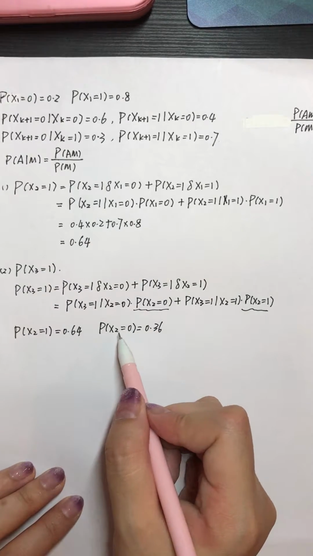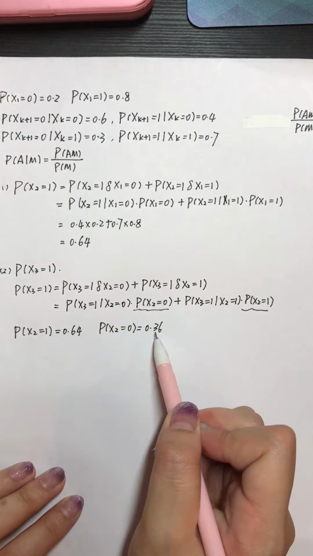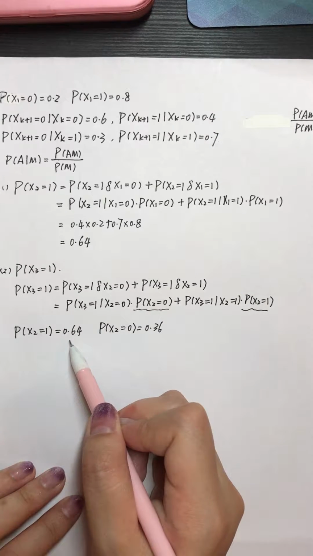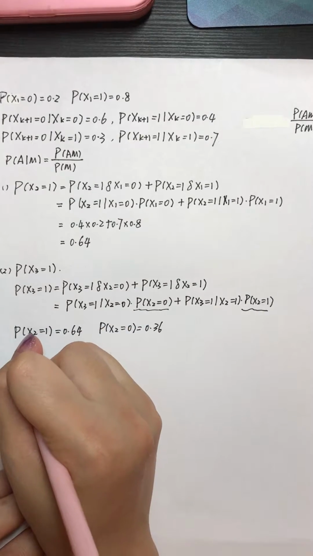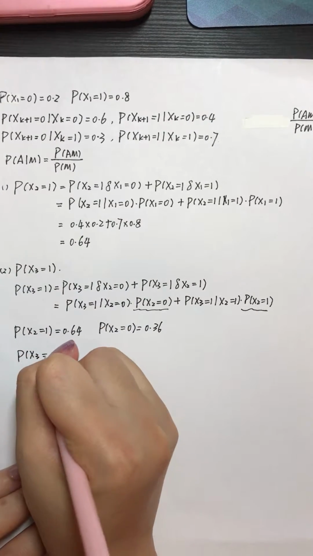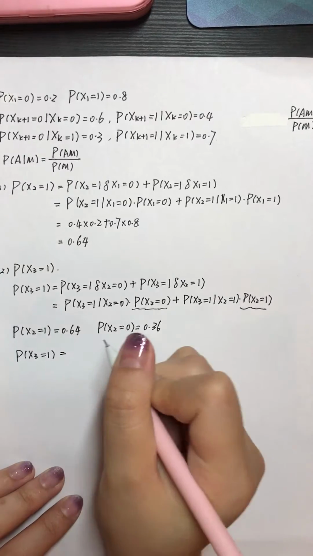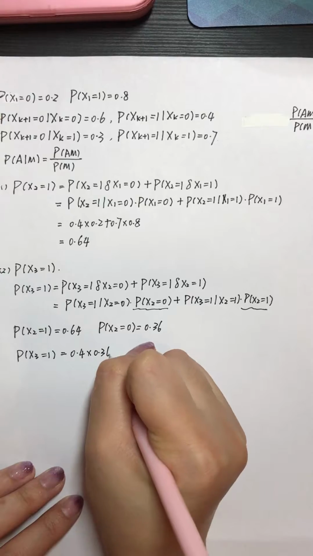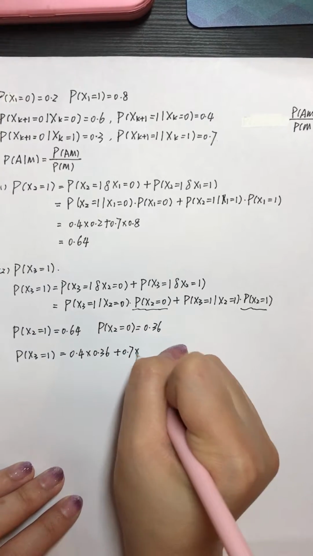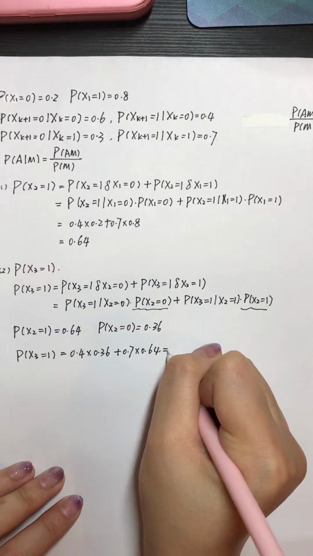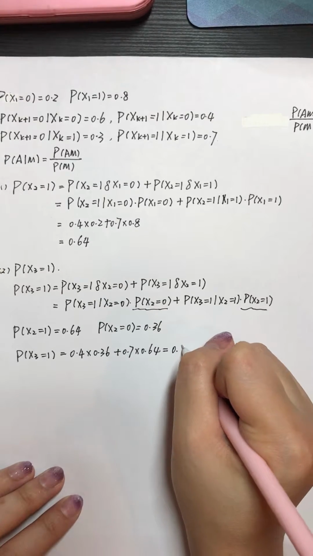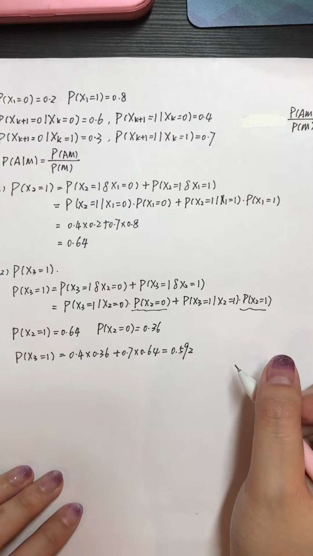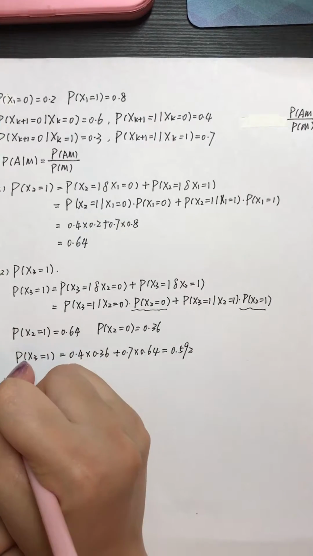So we use this one as 0.36, this one as 0.64, and we can get the probability of x3 equals 1 equals, so the answer is 0. This one. So we solve the second problem.